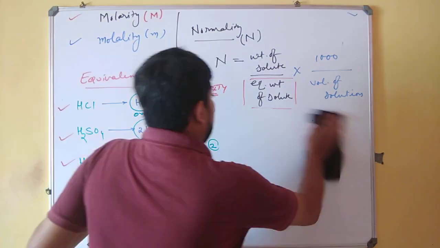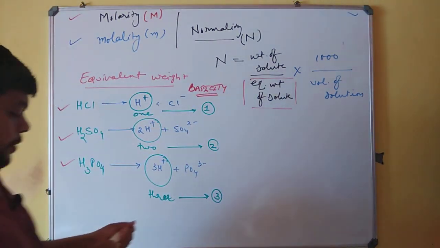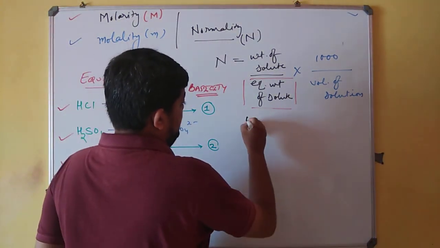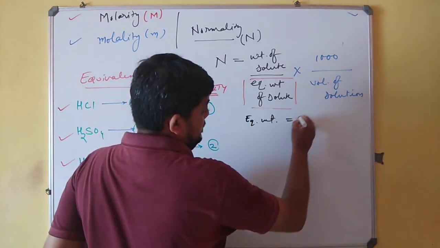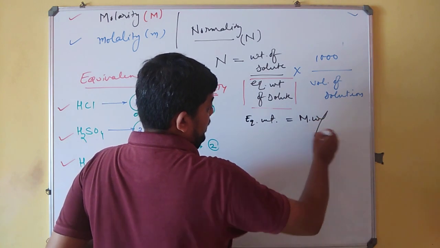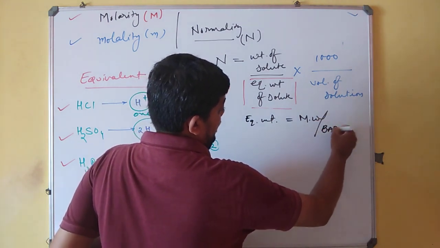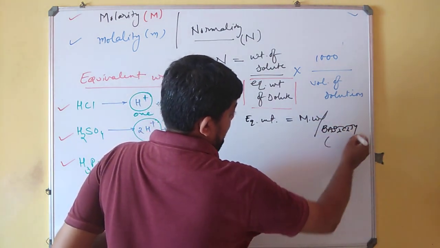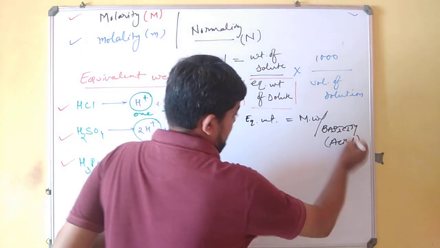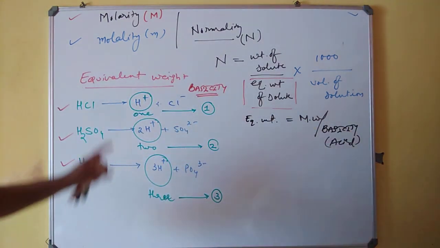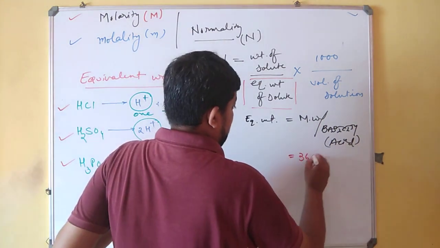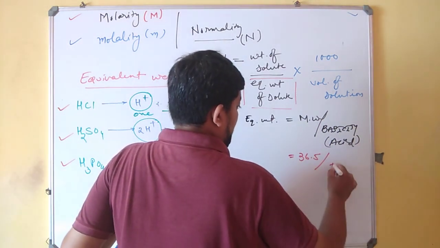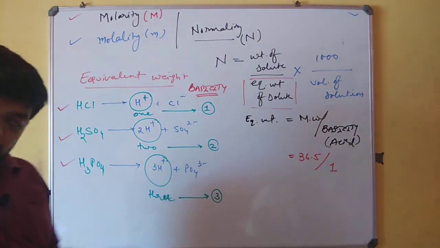Now let us take a detailed idea about it. Whenever I say that I am interested in calculating the equivalent weight, the formula is molecular weight divided by basicity, and basicity is used for acid. So over here you have 3 acids, respectively HCl is 36.5, and I will divide it by 1 because the basicity is 1.